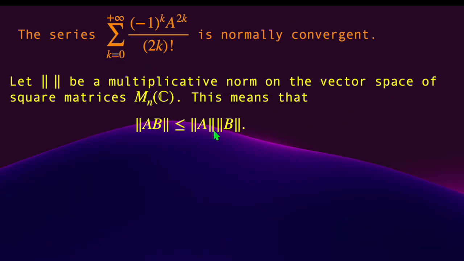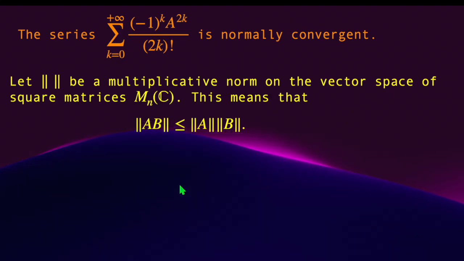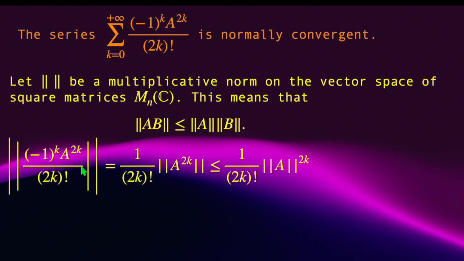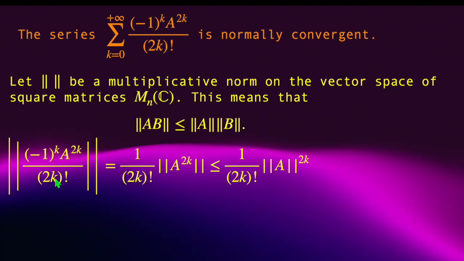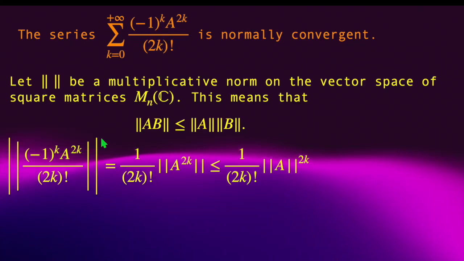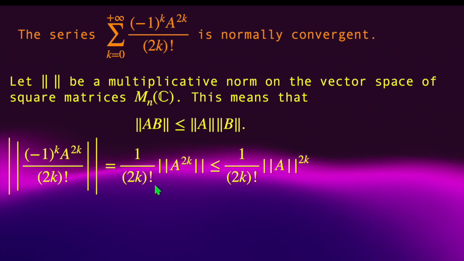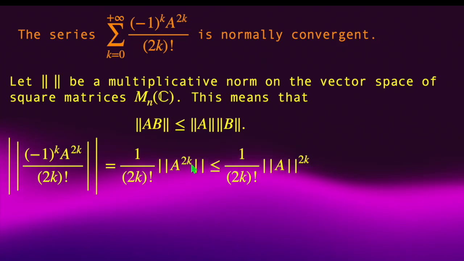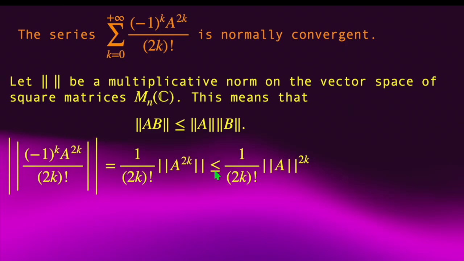We take one which is multiplicative. Now the norm of this quantity, which is equal to 1 over 2k factorial times the norm of A power 2k, by using this property, is less than 1 over 2k factorial times the norm of A to the power 2k.